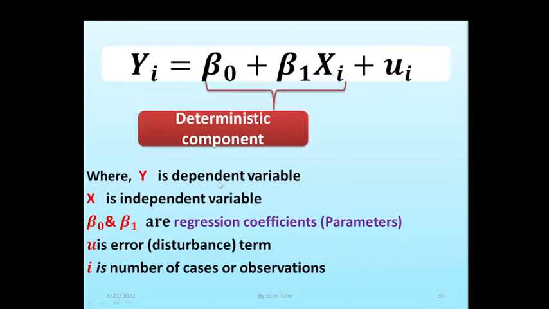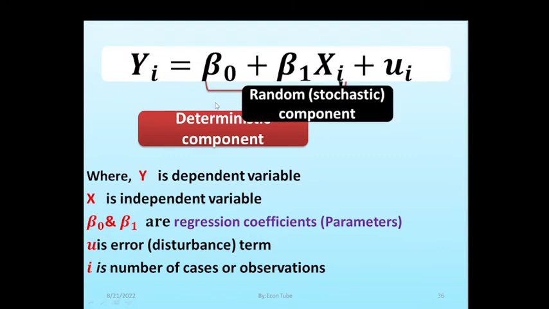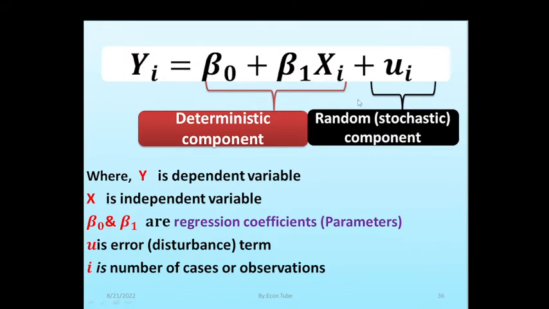The first two terms, beta naught plus beta 1 xi, are the deterministic component, the exact relationship between the dependent and independent variables. The second one is the random or stochastic component, which is ui. So we have two components of the simple regression function.